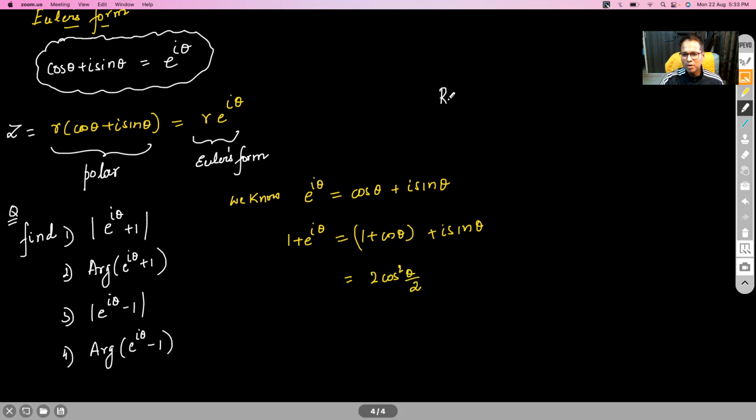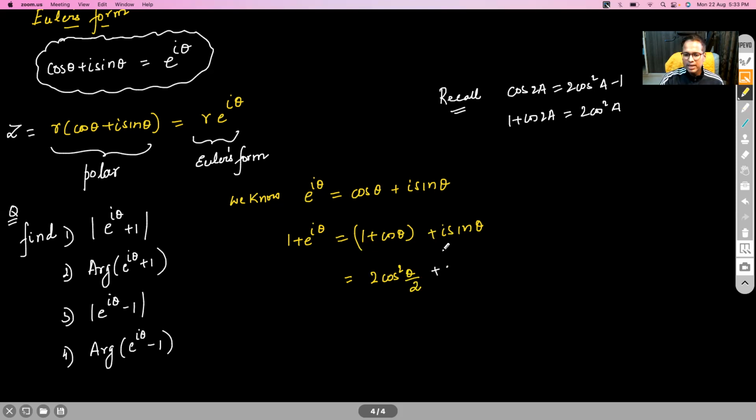So this is from your formula. Recall this formula: cos of 2a is 2 cos square a minus 1, isn't it? So if you take the 1 to the left side, you will end up getting 1 plus cos 2a as 2 cos square a. Correct? So this becomes 2 cos square theta by 2.